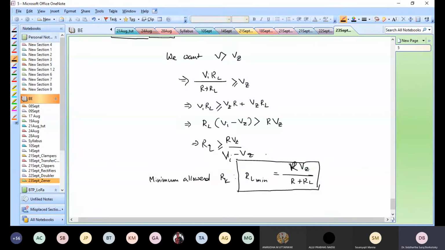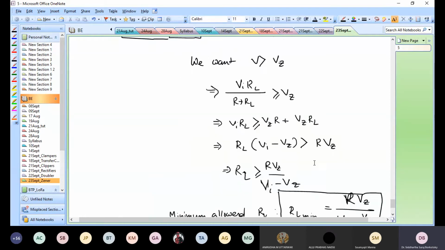So this part should again be Vi minus Vz, right? So this is our final equation. So the minimum allowed RL is this. This is the minimum RL that is allowed.